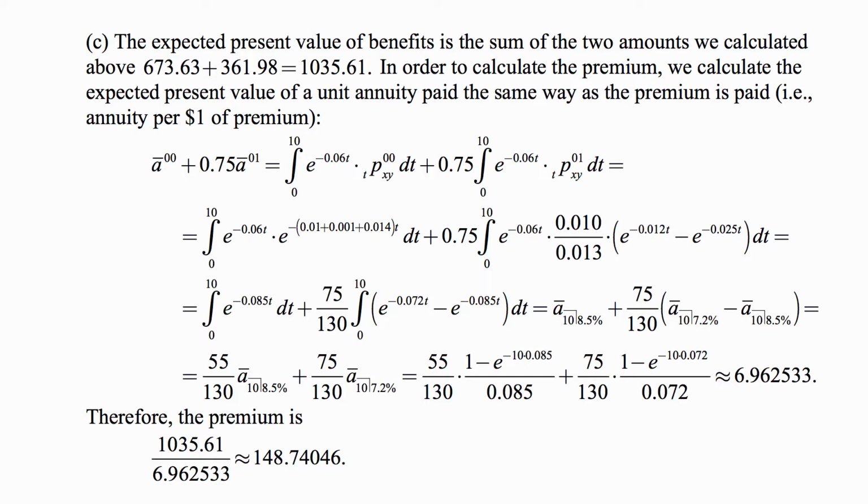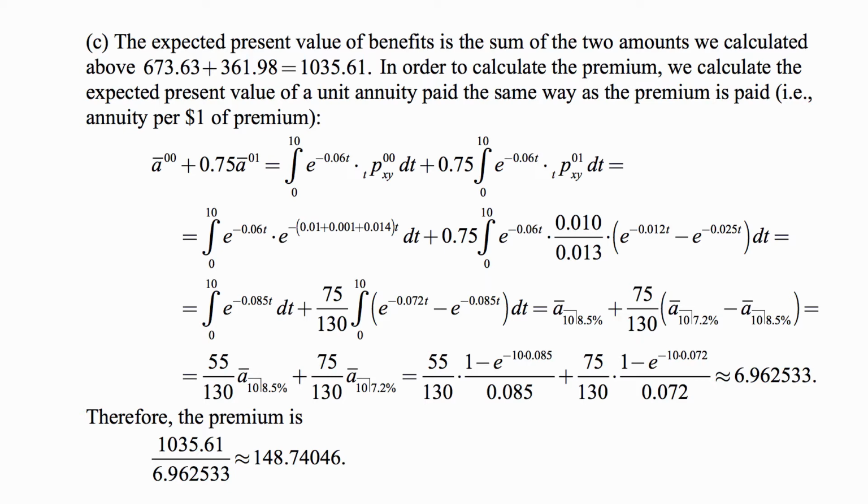Then we combine the like terms and we get 55 over 130 a bar angle 10 at 8.5% plus 75 over 130 a bar angle 10 at 7.2%. Then we just use annuities formulas, calculate all, and we get 6.962533. And the premium is the ratio of the benefit to that unit annuity, and that's 148.74046.